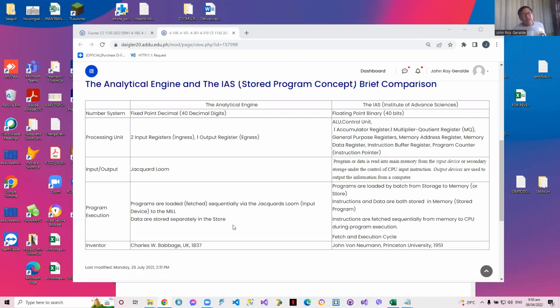Now, John von Neumann realized that there's something wrong with this. Can you point that out? Can anybody point out what's wrong with the program execution of the analytical engine? Anyone? Can you identify that? Can somebody? What's the main problem with that?